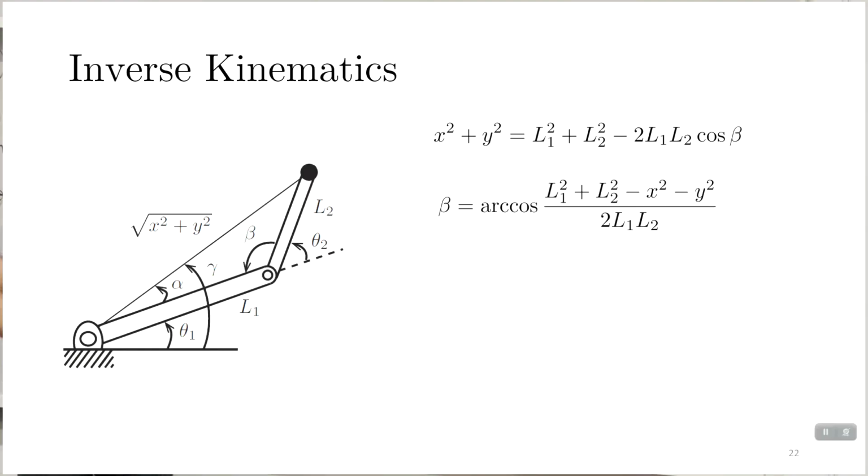AC we know, we have the trajectory, right? BC and AB are just constants. It's the length of our links, so we can compute it.